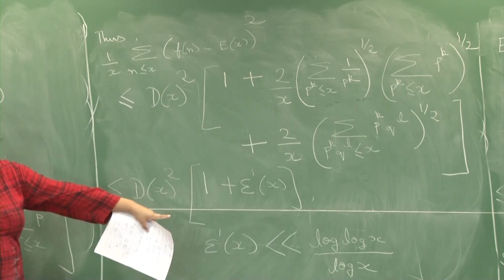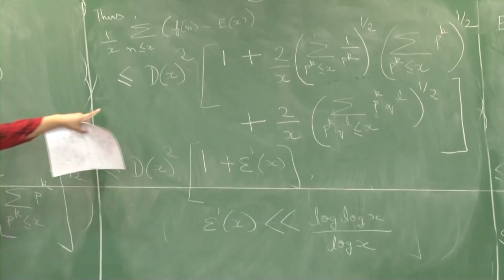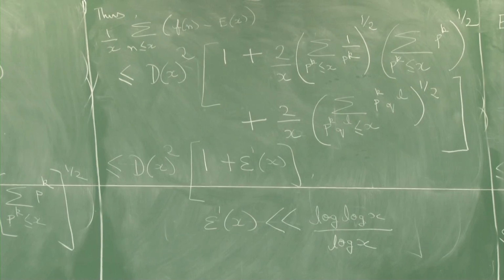Clearly, this is going to 0 as x goes to infinity. This I am not going to prove in the class. It will be given to you in the exercise. Maybe we can discuss this in the live session.